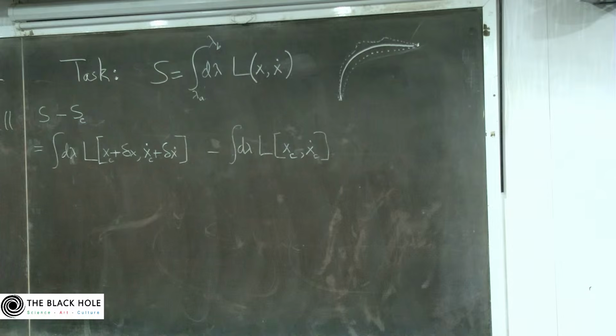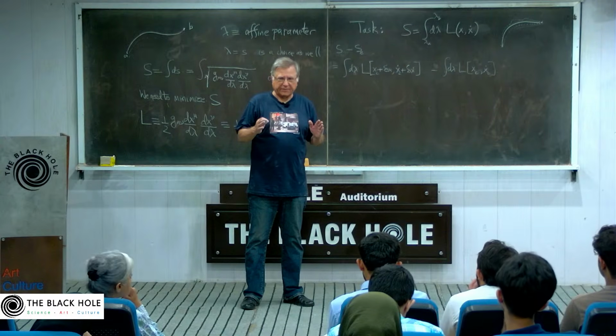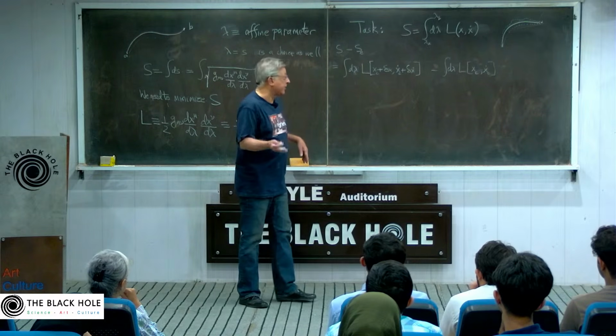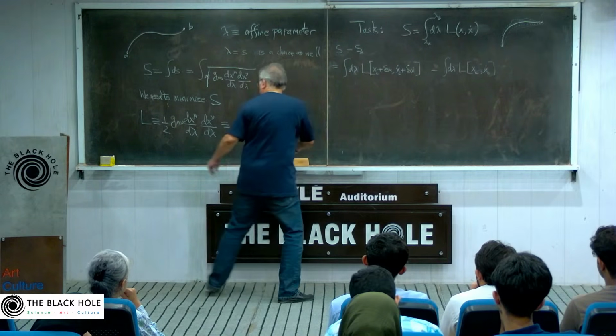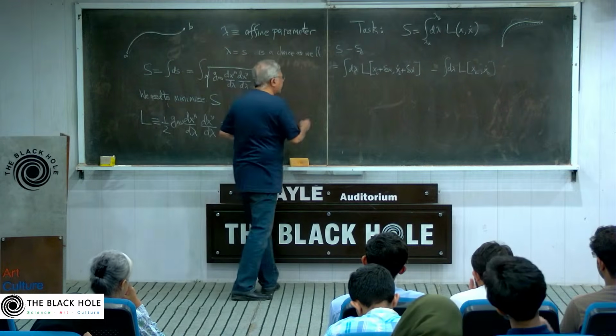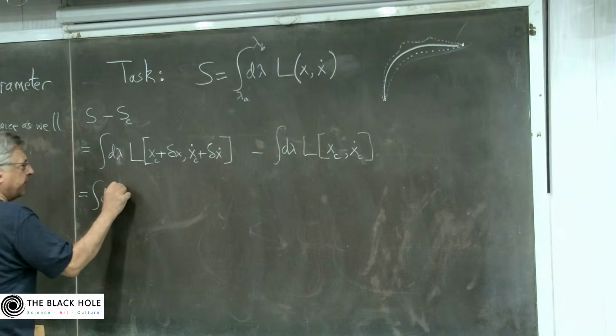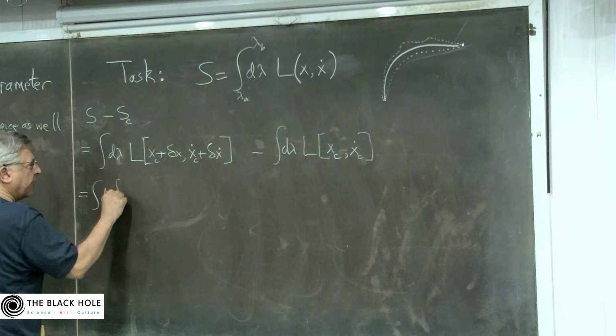So I've evaluated S a little away from the best value. This is how I will find the best value. Okay, so then the rest is, okay, this is d lambda. And now let's see how this works out.